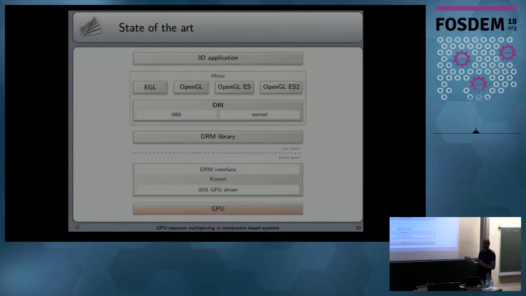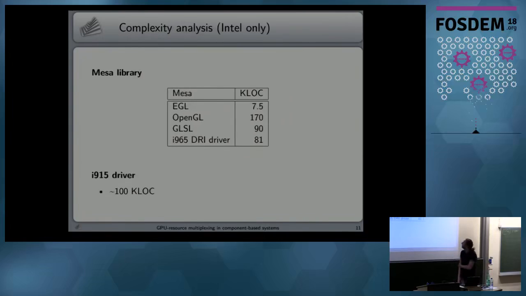But the first thing we did, we had a look at this whole thing to evaluate the complexity of it. We looked it up and tried to identify the parts which are important if I wanted to support Intel graphics cards. You can see the whole Mesa stuff roughly consumes 300K lines of code, including a shader compiler.